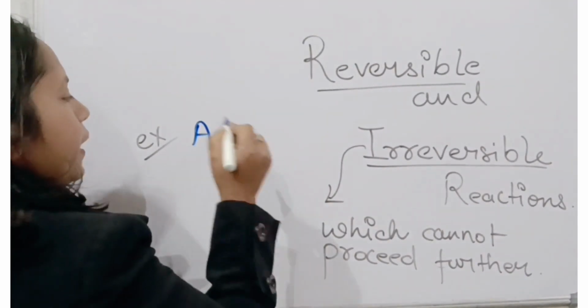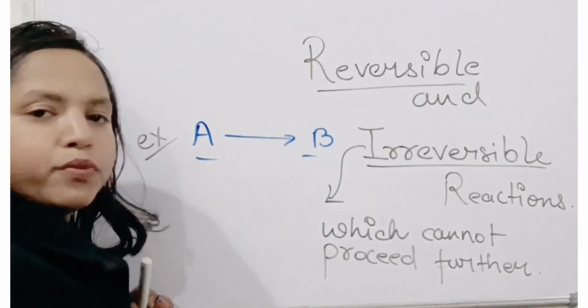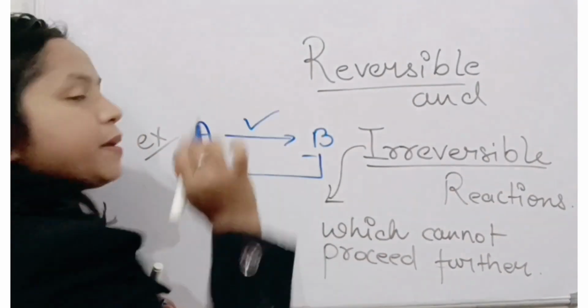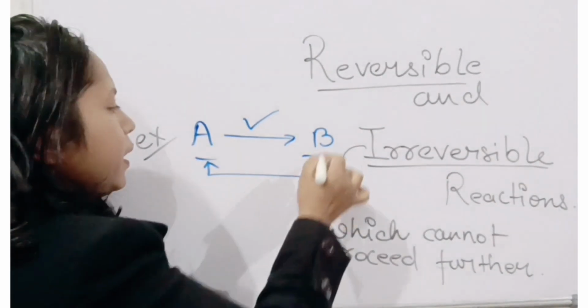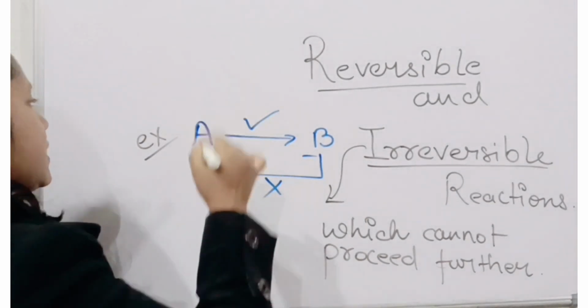Suppose we have A to B, something is forming. From A to B something is forming. So this B to A will not be possible. This step is possible, okay, but B to A is not possible. Got it?